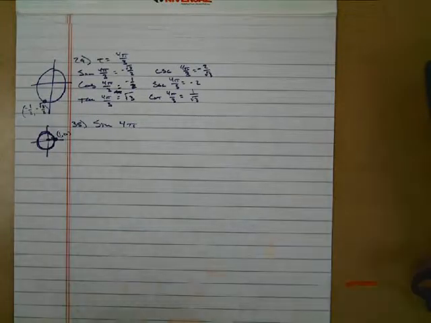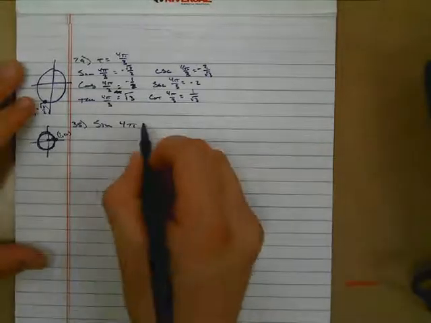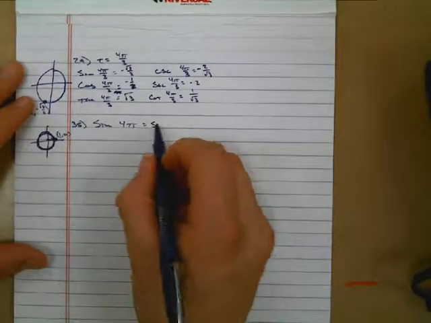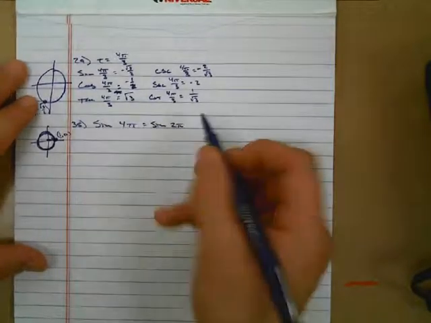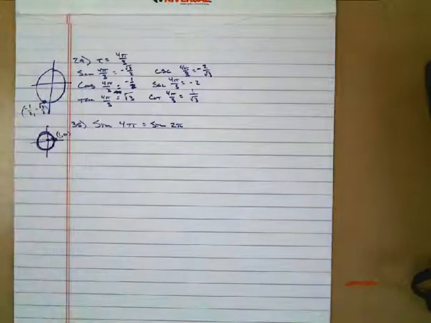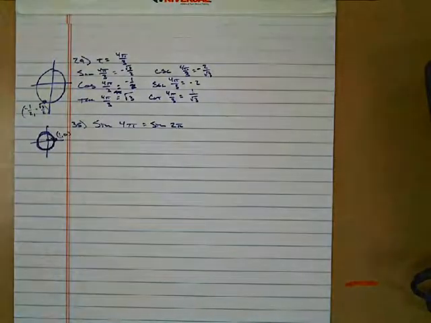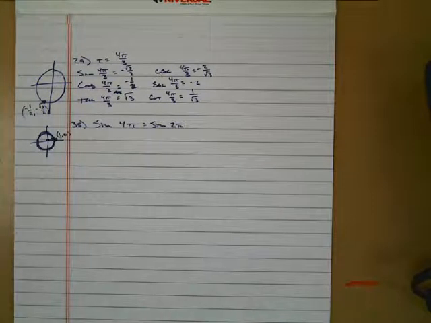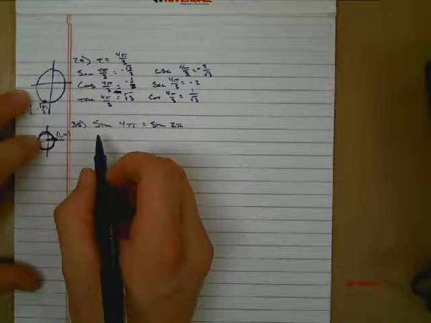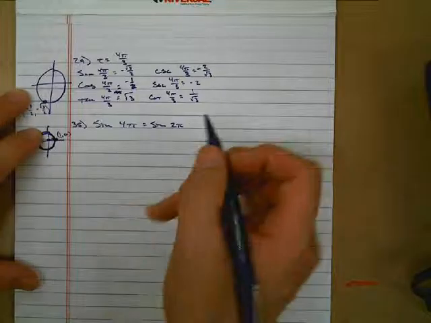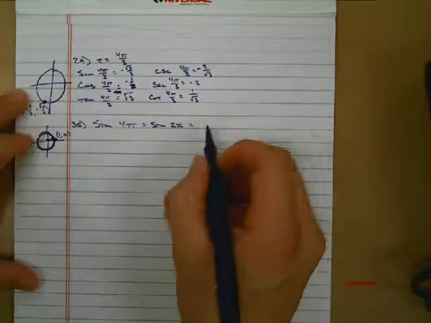So the sine of 4 pi we know will actually be equal to the sine of 2 pi. Very similar to the way we did negative angles, where we determine where they terminate. Here we determine a terminating location and bring it back into a term that we are familiar with. So in order to find the sine of 4 pi, we think of the sine of 2 pi. Sine is the y value there, which is 0.